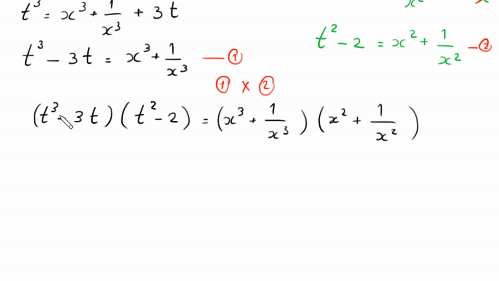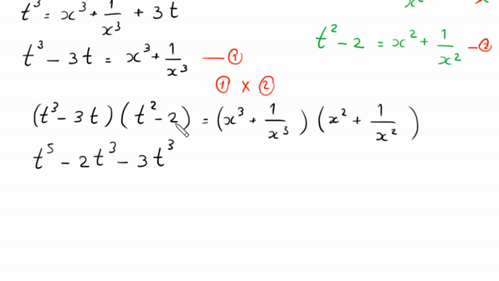Now this t cubed times this t squared will become t to the power 5, and t cubed times negative 2 will become negative 2t cubed. Negative 3 times t times this t squared will become negative 3t cubed.